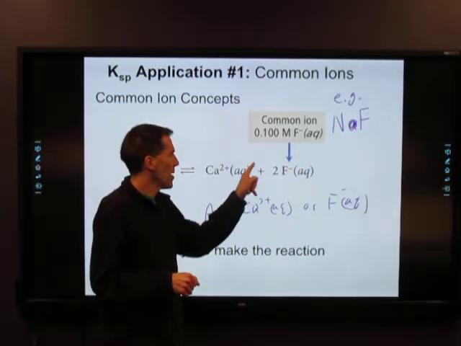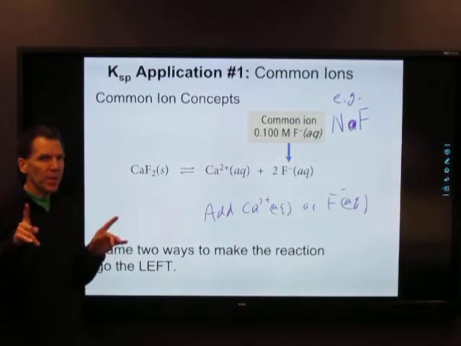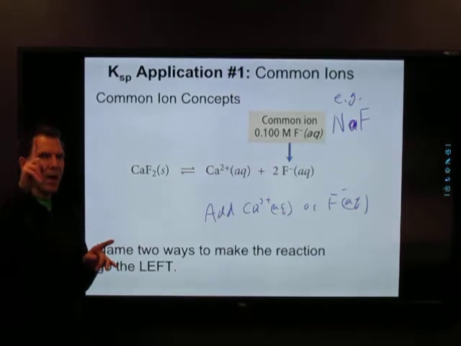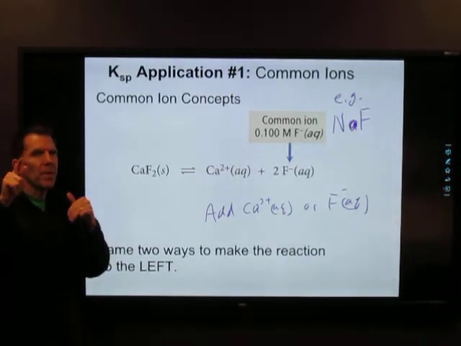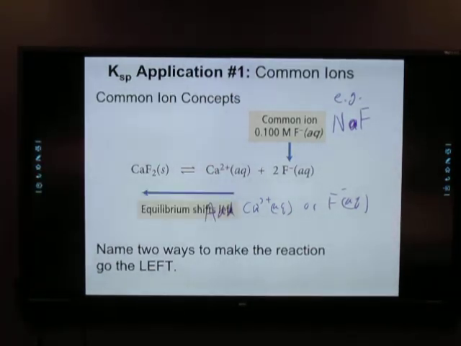That would be a way to get some extra F minus ions in there. Remember, the Ksp is a constant. So when we do the math, if we increase the F, the calcium has to go down. It's the only way you can make a constant. So the equilibrium here will shift to the left by adding one of those two ions.